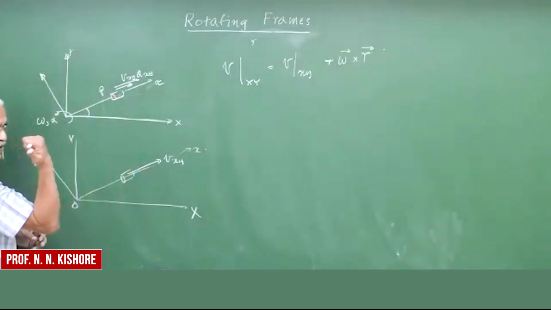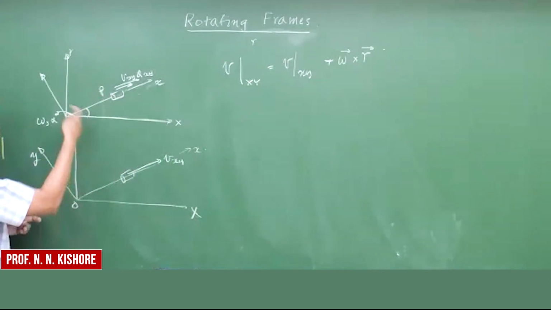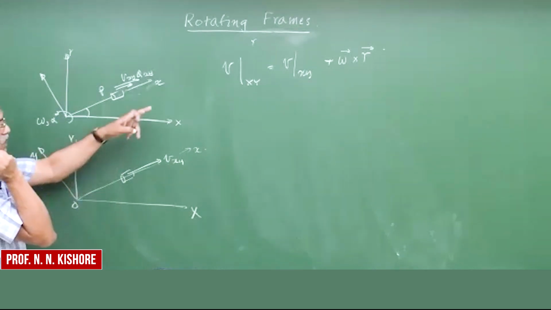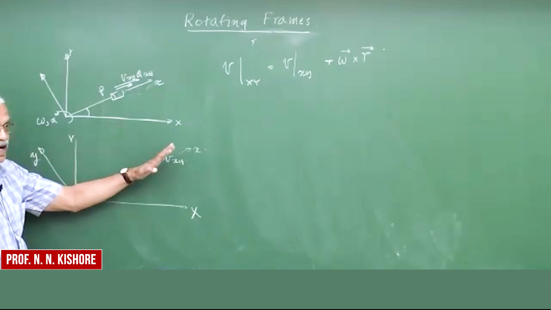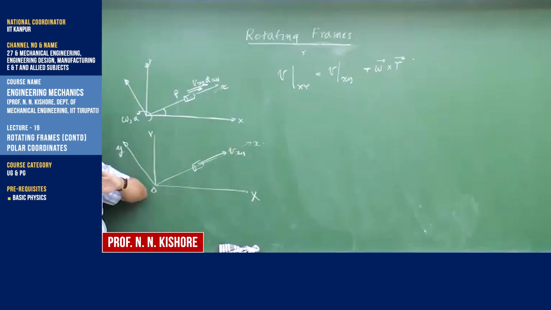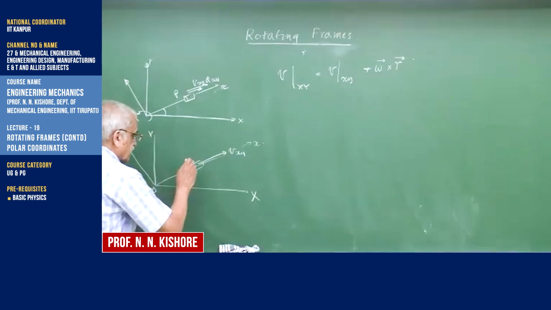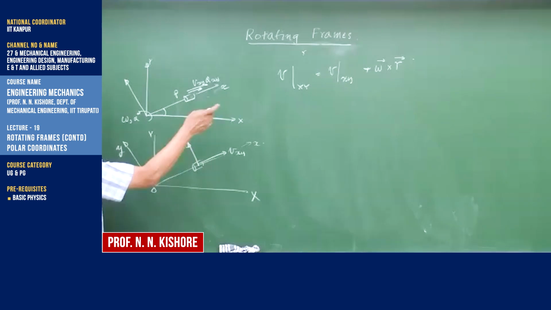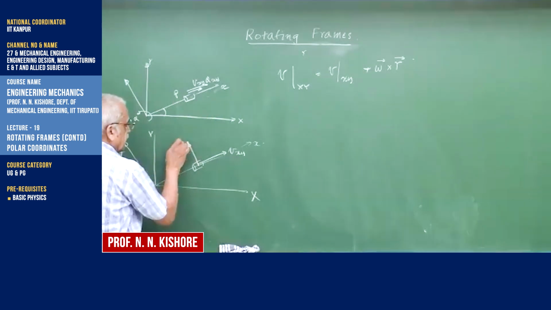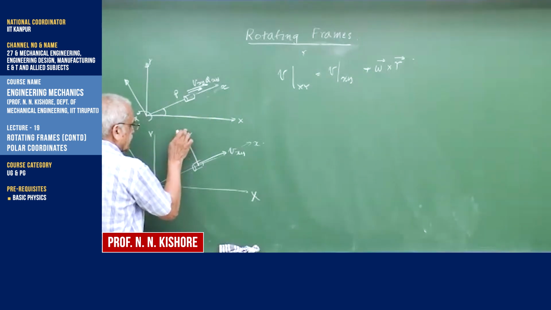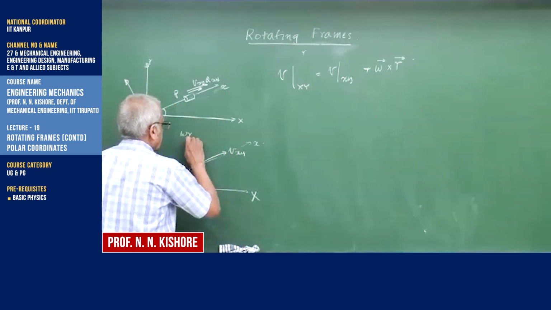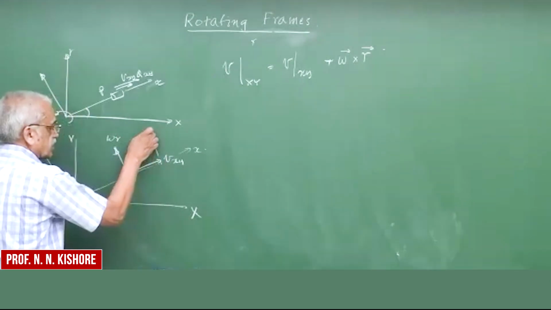Omega is coming out, assuming that it's counterclockwise. And then that vector, if you take a cross product with r, if you rotate it like this, the cross product term will go in this direction. Since these two are perpendicular to each other, the magnitude is omega times r. Okay, so these are the two components vectorially, and so a vectorial sum here.